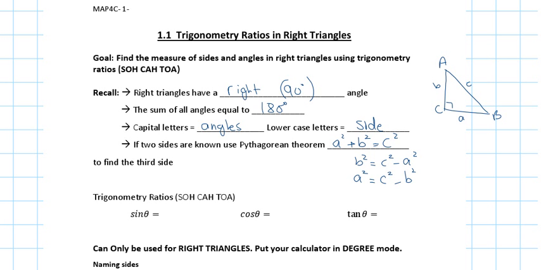With right angle triangles, other than the Pythagorean theorem, we can use the primary trig ratios, for which we use the acronym SOHCAHTOA. You guys remember sine theta represents what?